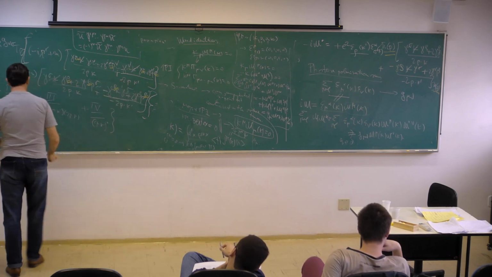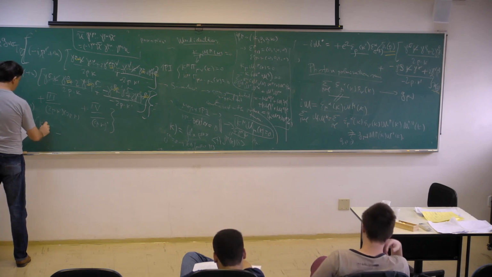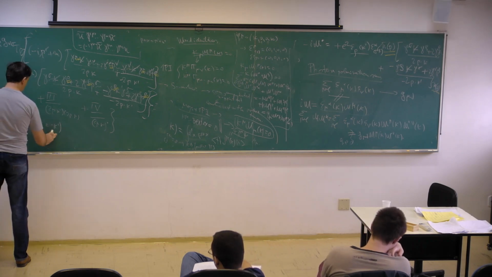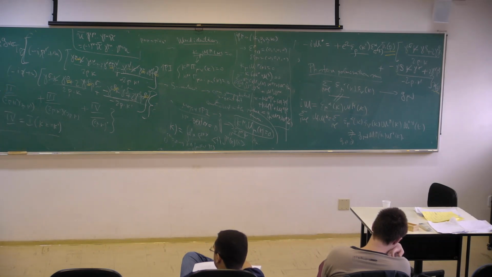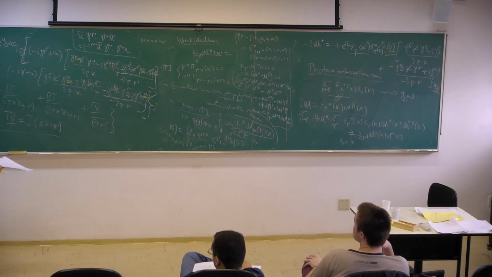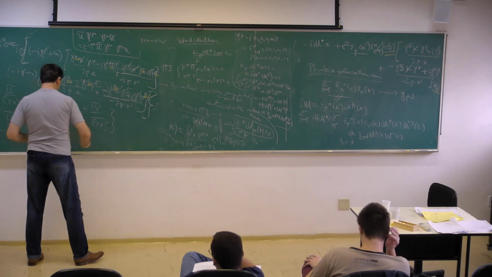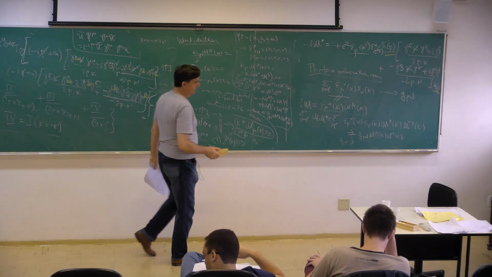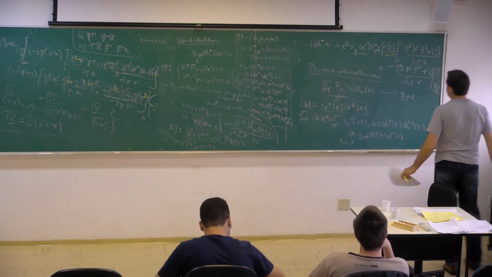So this is replacing k with minus k prime. All right? So that means that I really only need to calculate 1 and 2. The other ones are obtained for free.